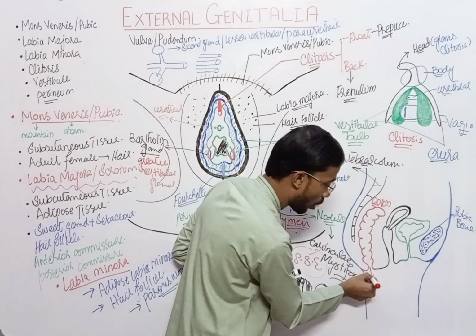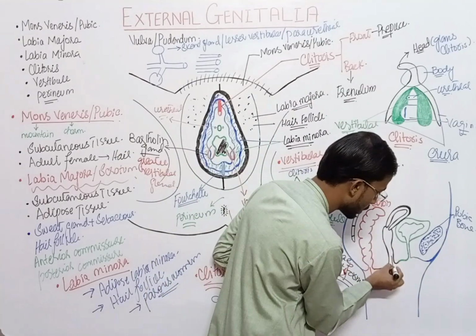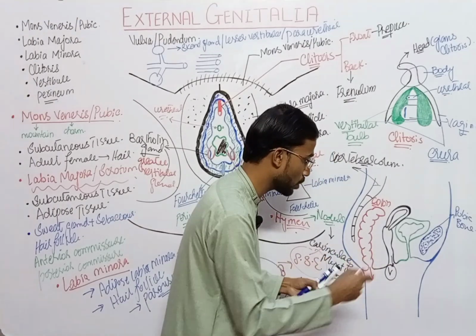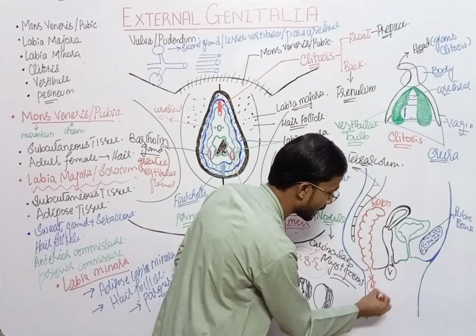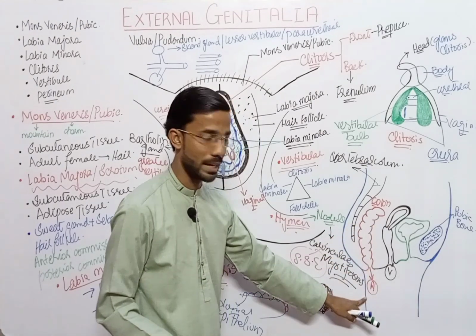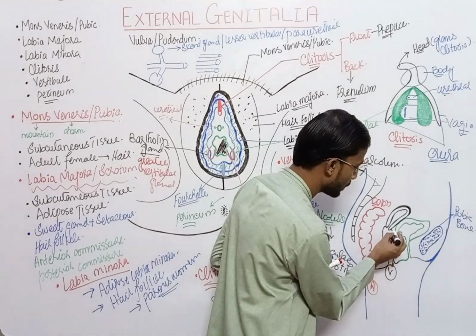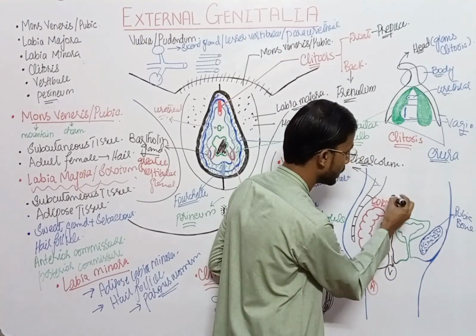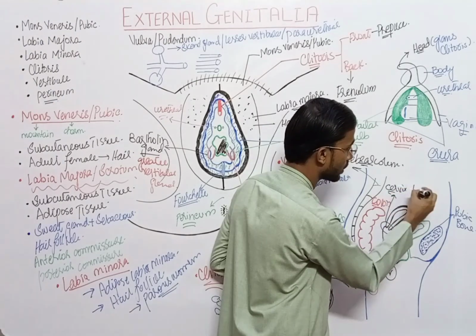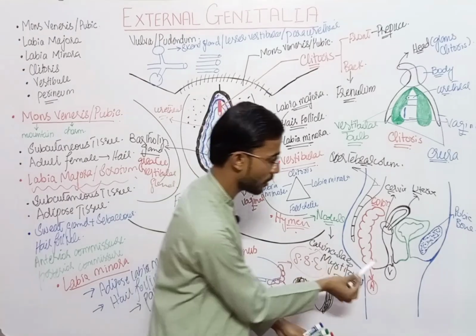This is the opening of the colon, and next is the opening of the vagina. This is the opening of the anus, and the upper part will be the colon. So colon opens into the anus, and here you can see the vagina, and this is the cervix region, and last is the uterus. These are the different components present above the vagina.